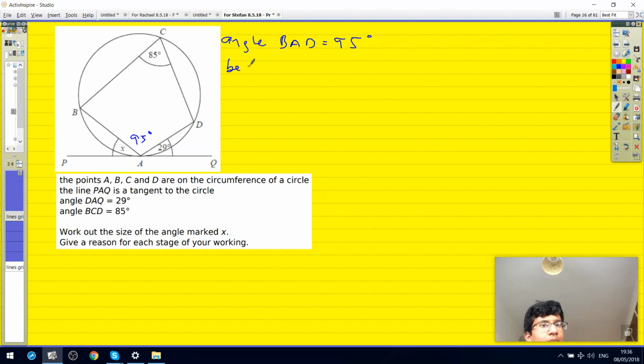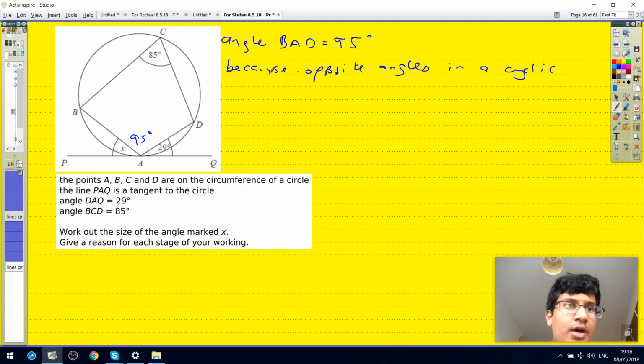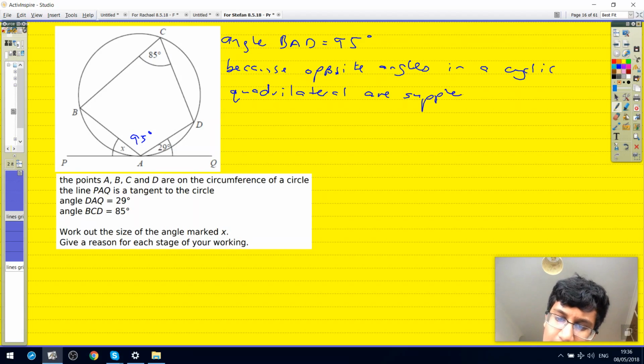Because opposite angles in a cyclic quadrilateral add up to 180 degrees. Okay, go on. So then X is just 180 minus 95 plus 29, because angles on a line add up to 180 degrees.